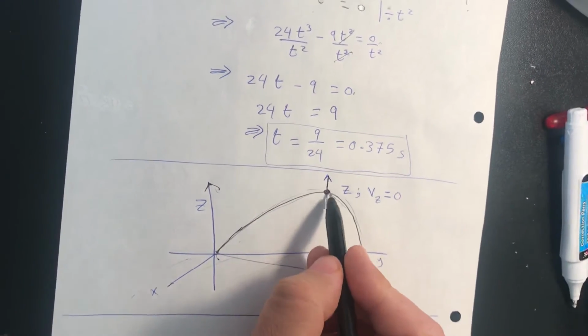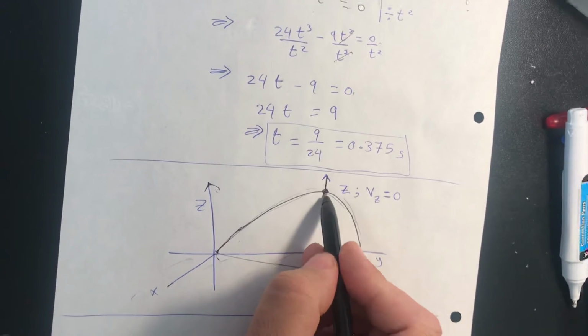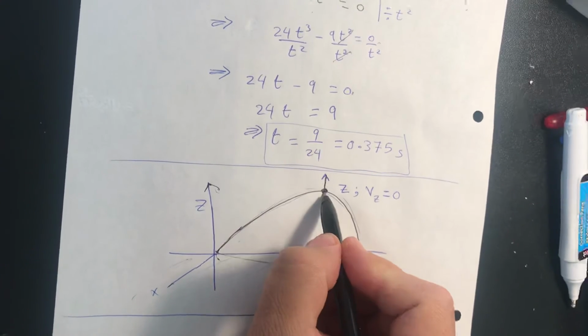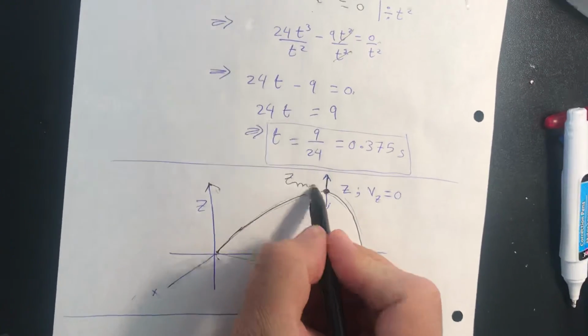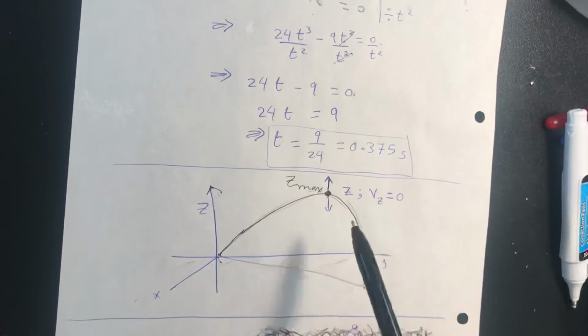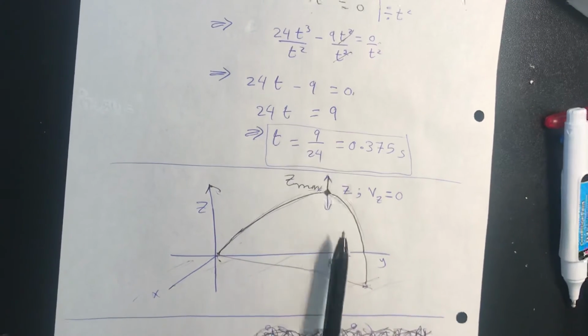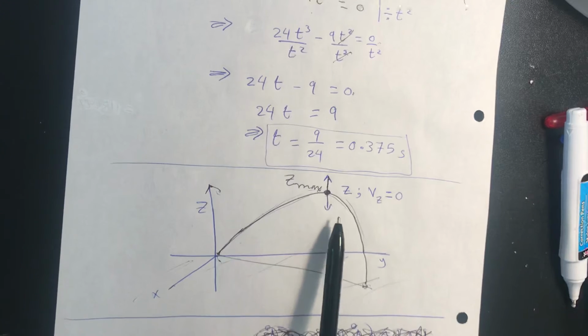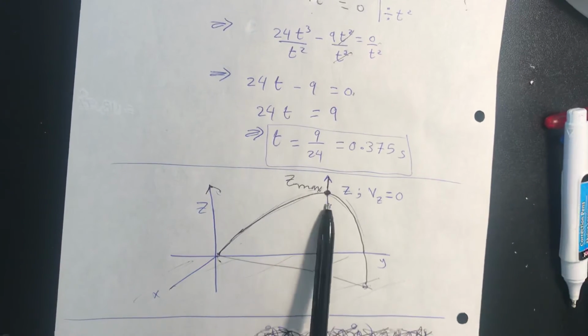When is the z direction's velocity equal to 0? It is at the highest point. This is z max. The vertical velocity at the maximum height is equal to 0.